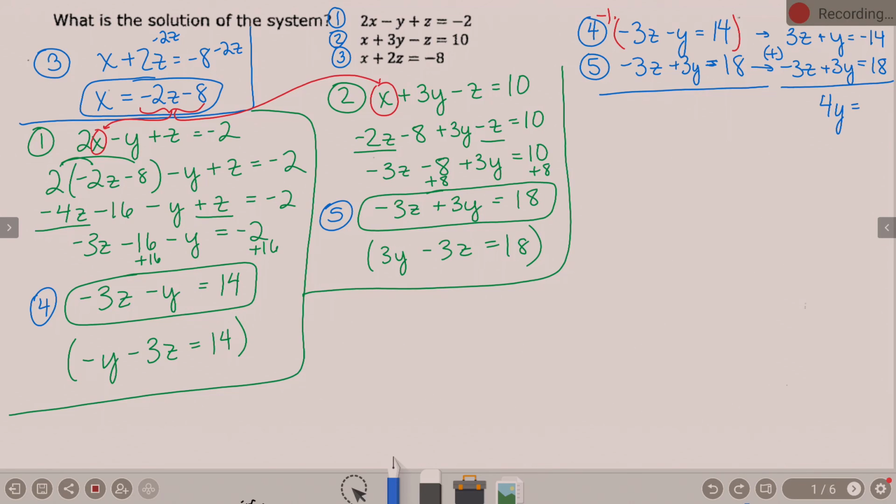Negative 14 plus 18, 4. If 4y equals 4, divide by 4, and y is 1.